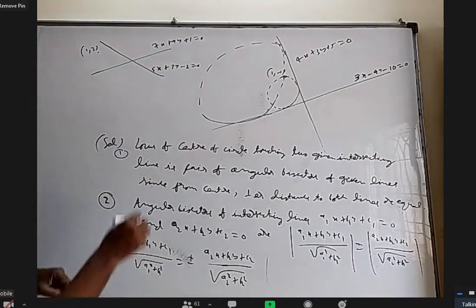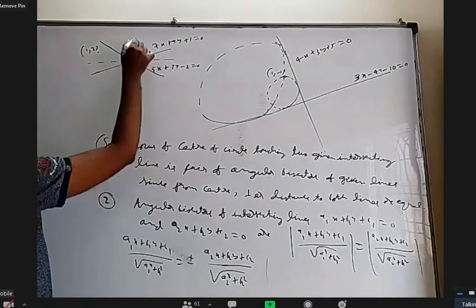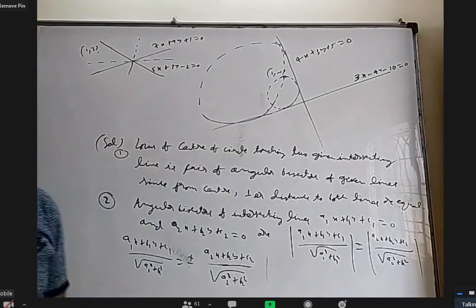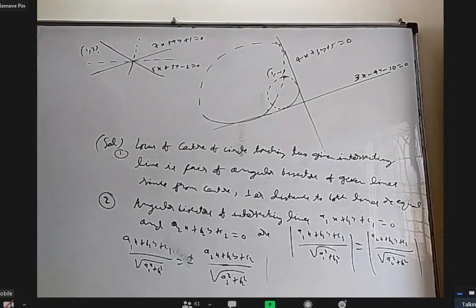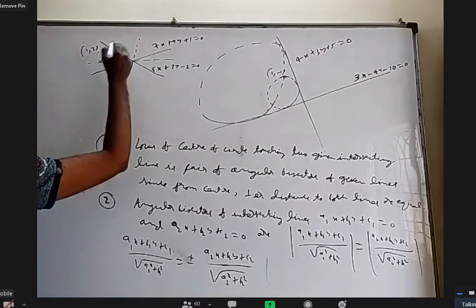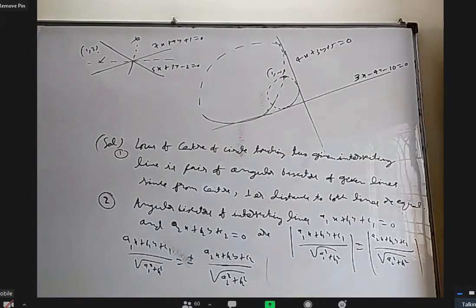These two lines have two angular bisectors, right? But I want only this one, I don't want this. I want the angular bisector passing through the region in which (1, 3) is there. This is a question from first year. Does anybody want to give an idea how to find that angular bisector?